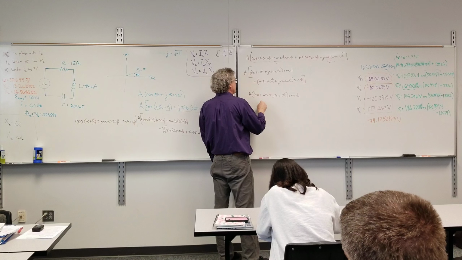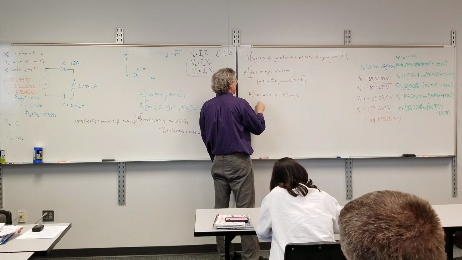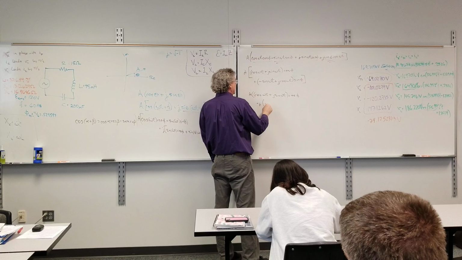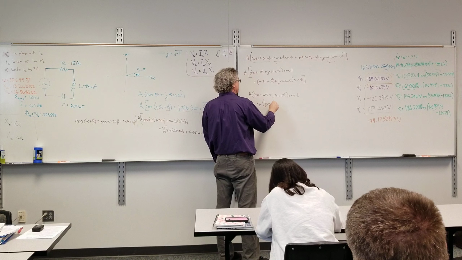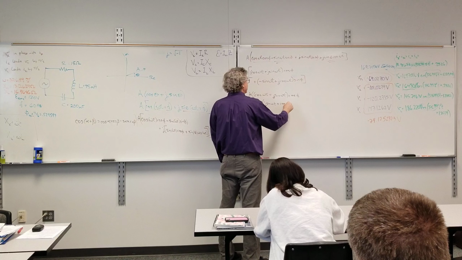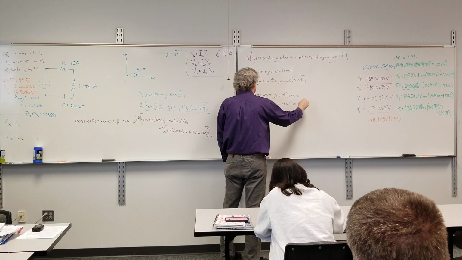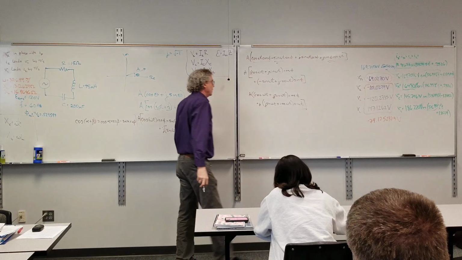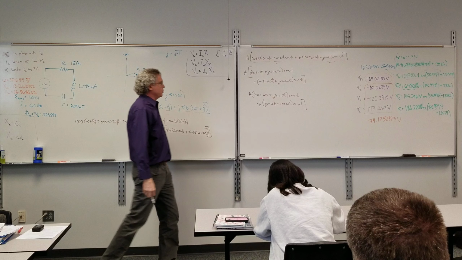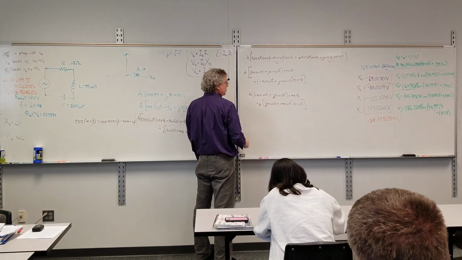So factoring j out, plus j times j sine omega t plus cosine of omega t sine phi. If you distribute, j times j gets you that negative there, and then that just gets you the j.